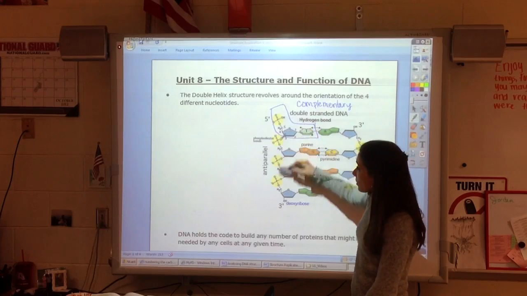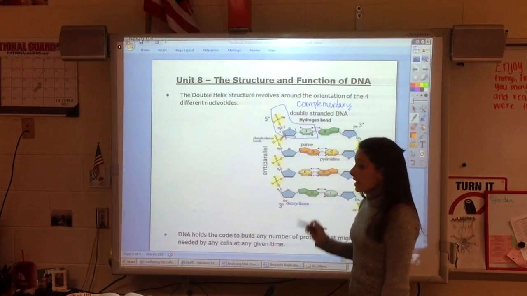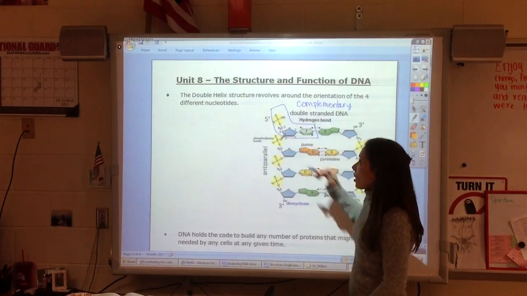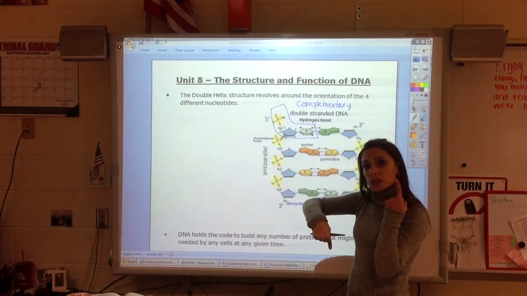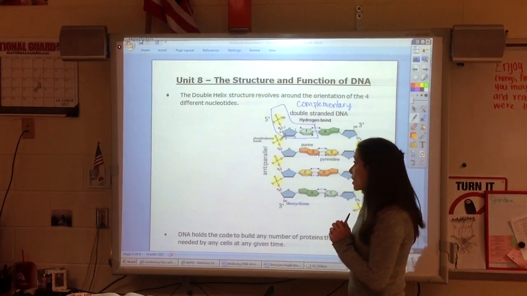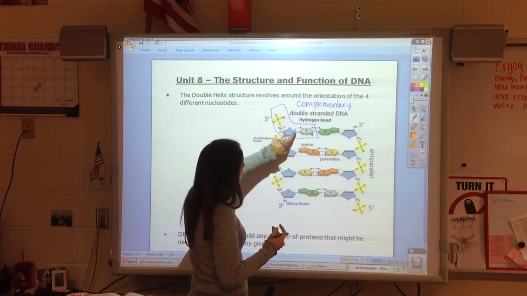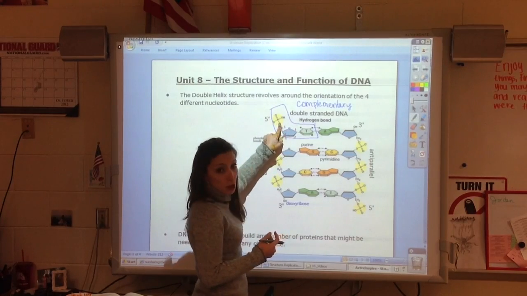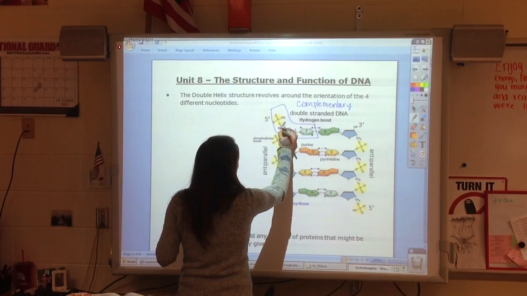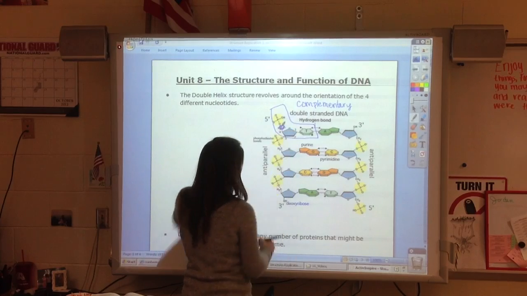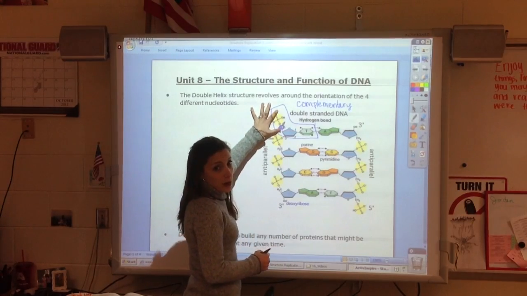So when we talk about anti-parallel, what we mean is that the polymers are actually running in opposite directions. The way that they give a frame of reference is they look at where the carbons are in the sugar. This 5th carbon that's hanging off the end here, we call that the 5' end.